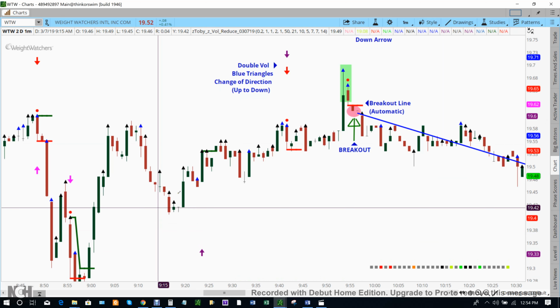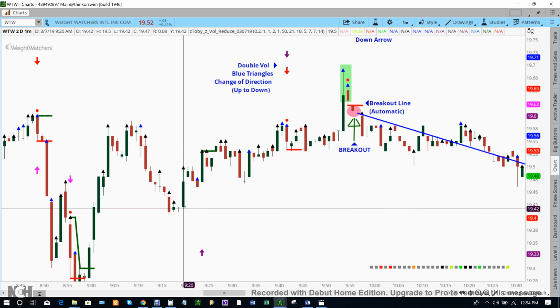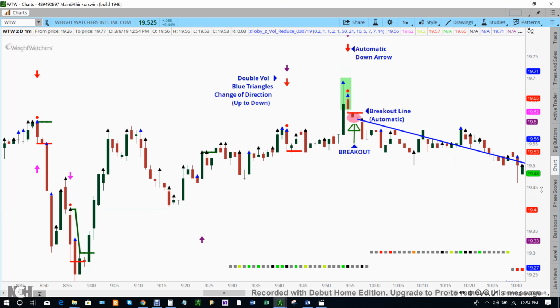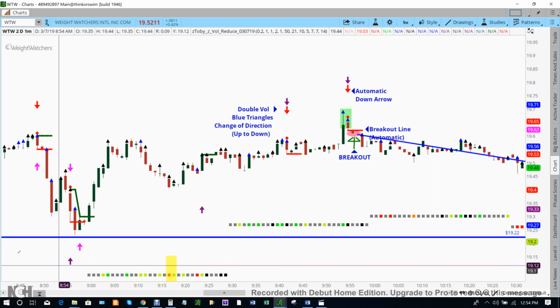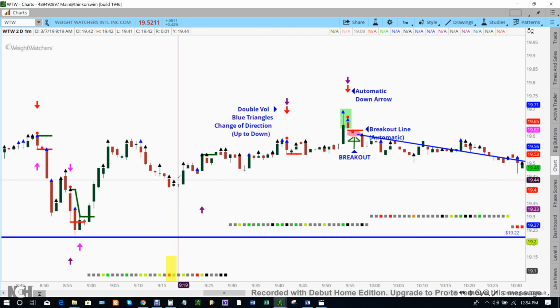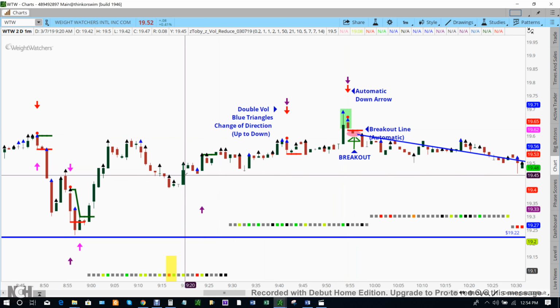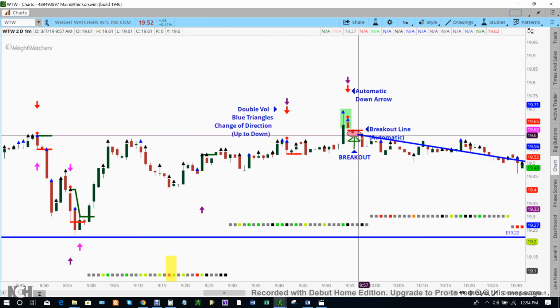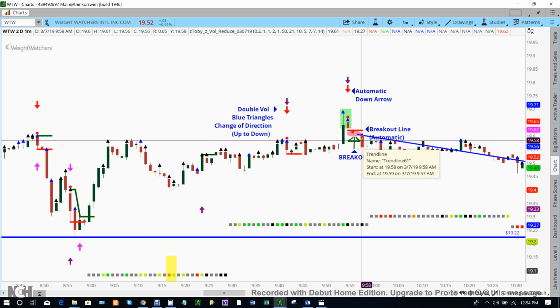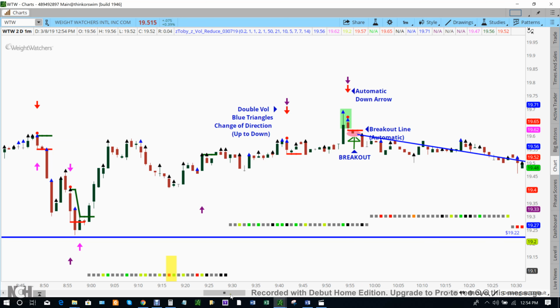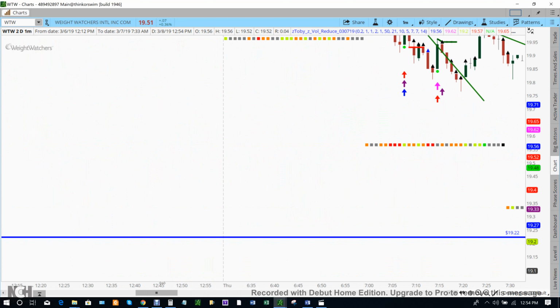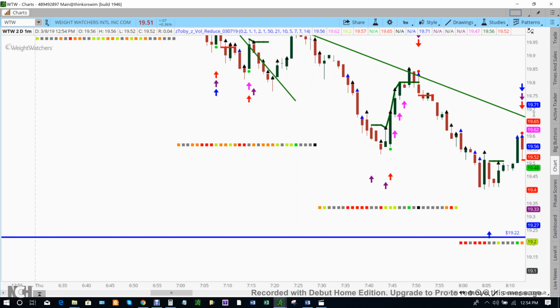If I had known, I could have gotten in here and made some. It showed up over here, so I would have gotten in somewhere over here and ridden it up. That would have been nice, 45 to 58, about 0.7%.